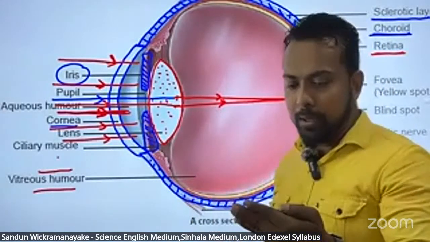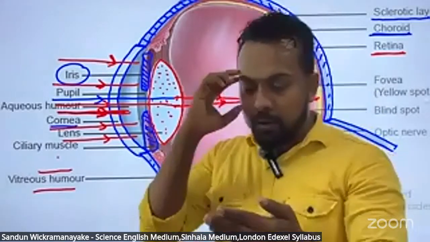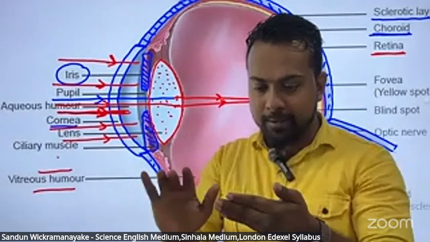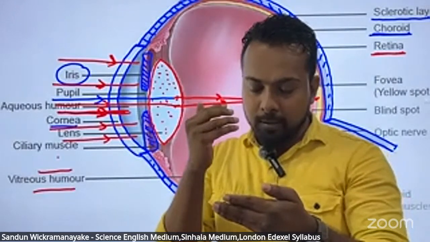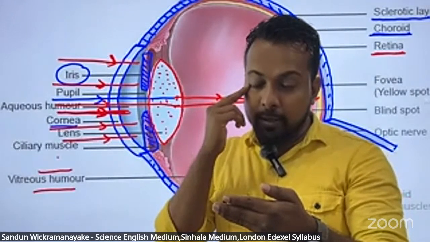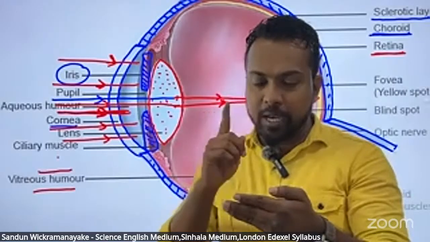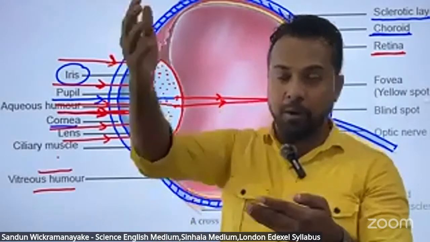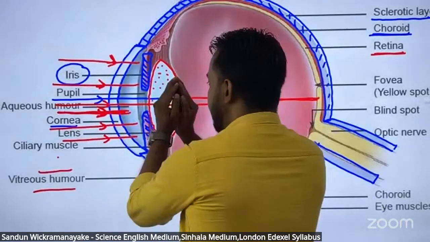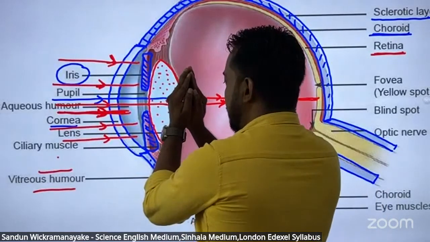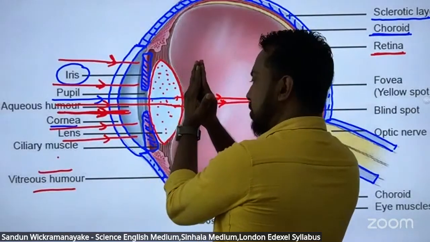If you're going to observe an object that is away from you, the lens shape should be like this.